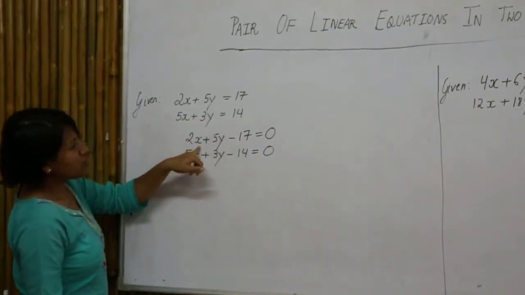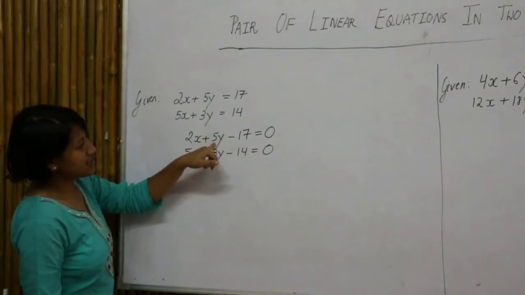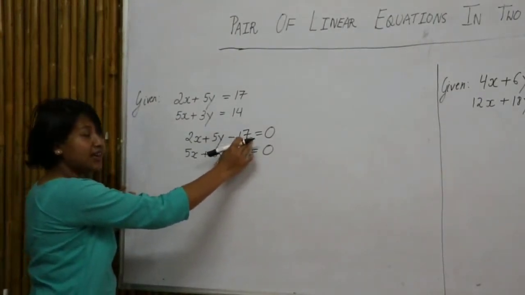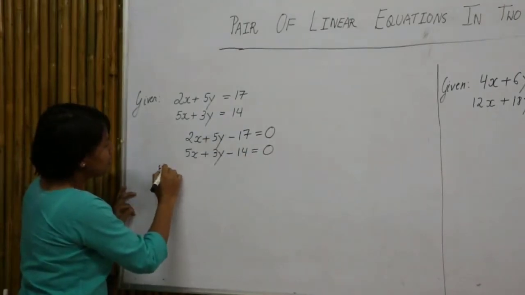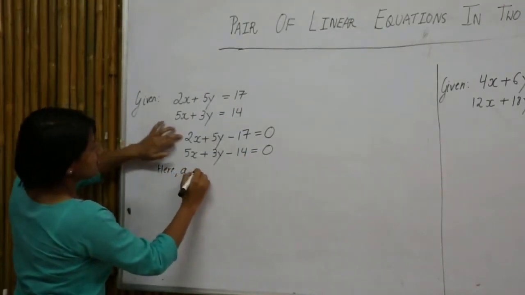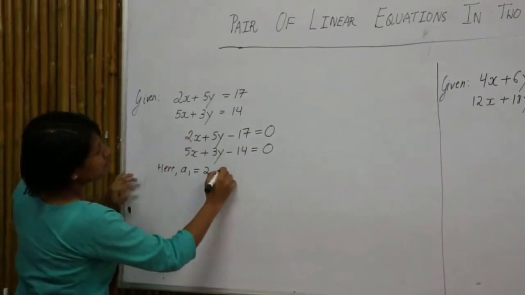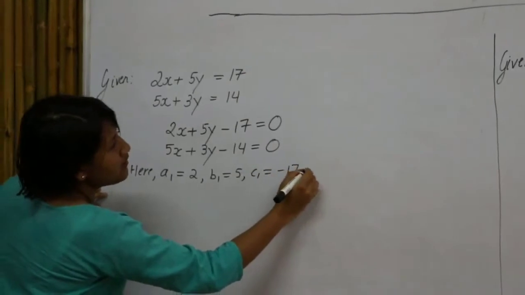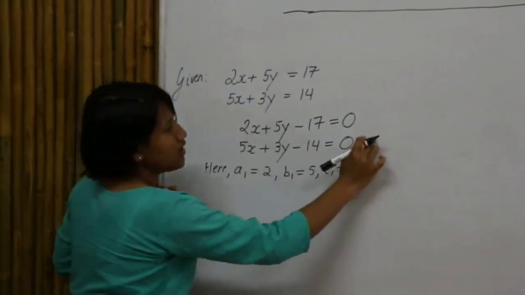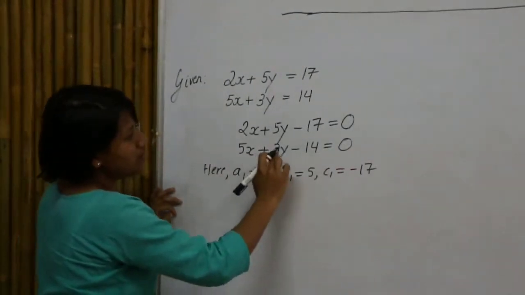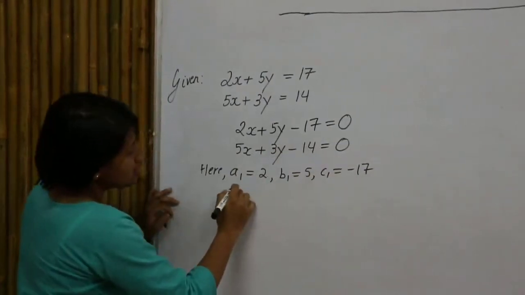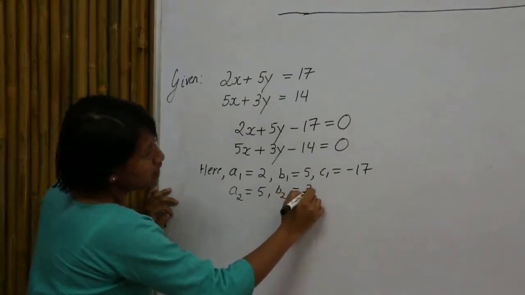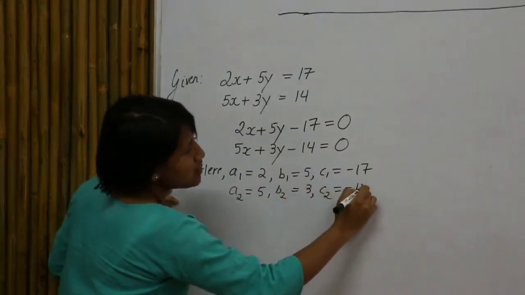Then the coefficient of x is a1, this is b1 and this is c1; you take the constant along with the minus sign. You compare with the general case: a1 is 2, b1 is 5, c1 is minus 17. Then this is a2x plus b2y plus c2, so a2 will be 5, b2 will be 3, and c2 will be minus 14.